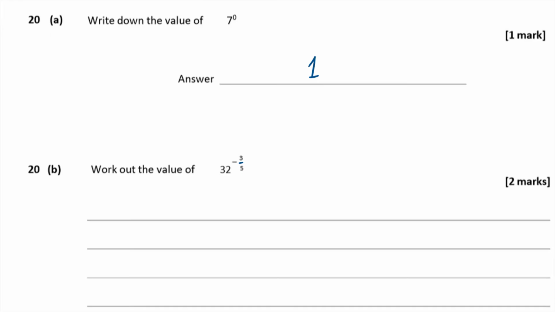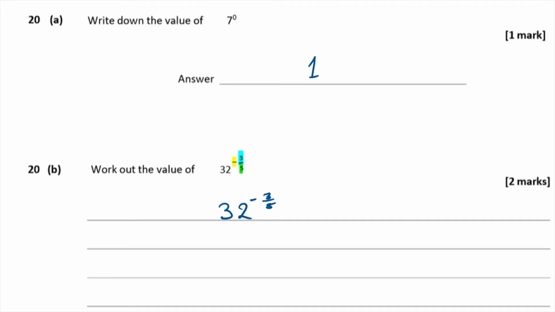Now with these complex indices, you can break them down into 3 separate steps. I'm going to deal with the minus sign first. Then I'm going to deal with the fractional denominator, and then finally I'm going to deal with the fractional numerator. So 3 separate steps. So 32 to the minus 3 over 5.